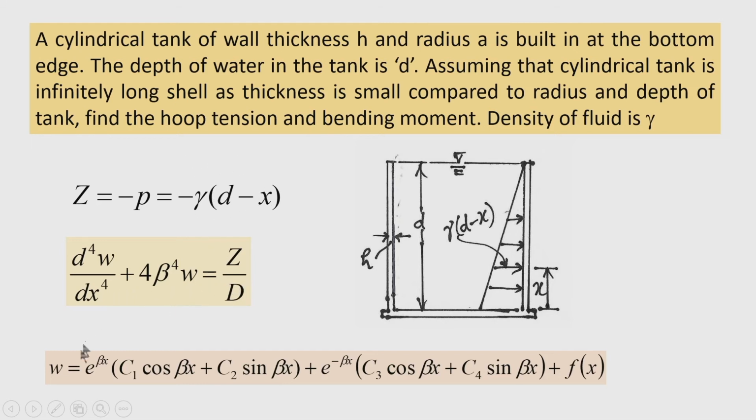Solution of that equation is given earlier, and it is written here again. w is equal to e to the power beta x into (C1 cos beta x plus C2 sin beta x) plus e to the power minus beta x into (C3 cos beta x plus C4 sin beta x) plus f(x). f(x) is the particular solution due to internal pressure. Okay.